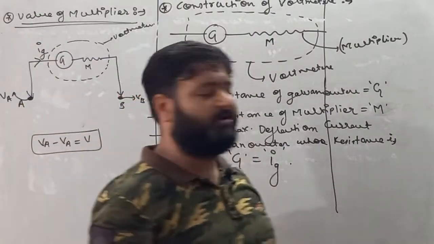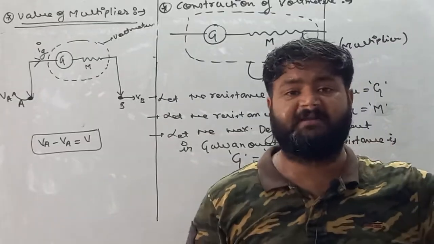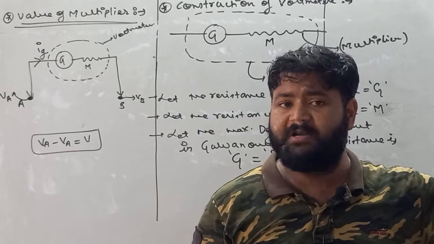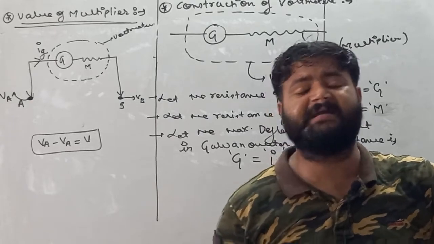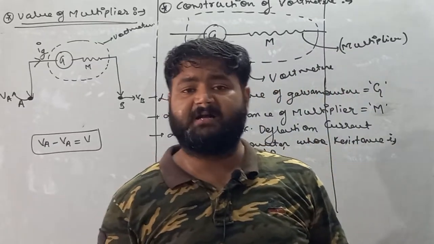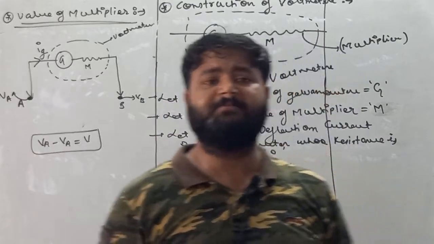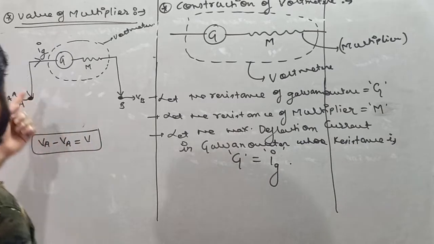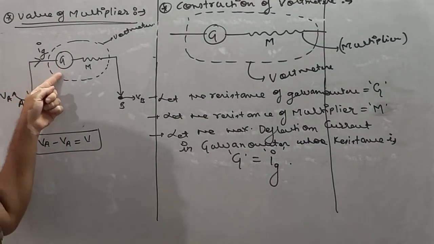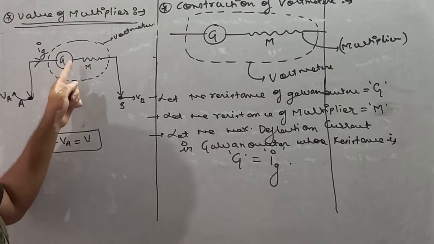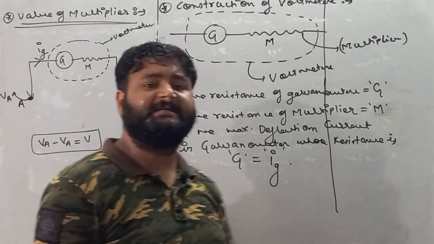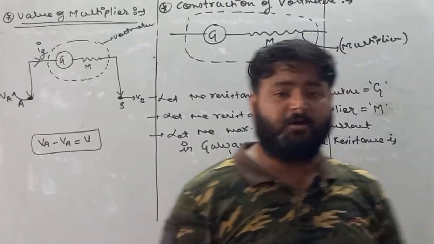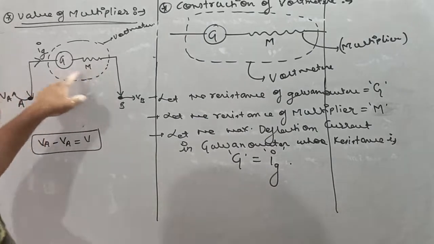Across this galvanometer we connect a high value resistor called multiplier, and both are in series.